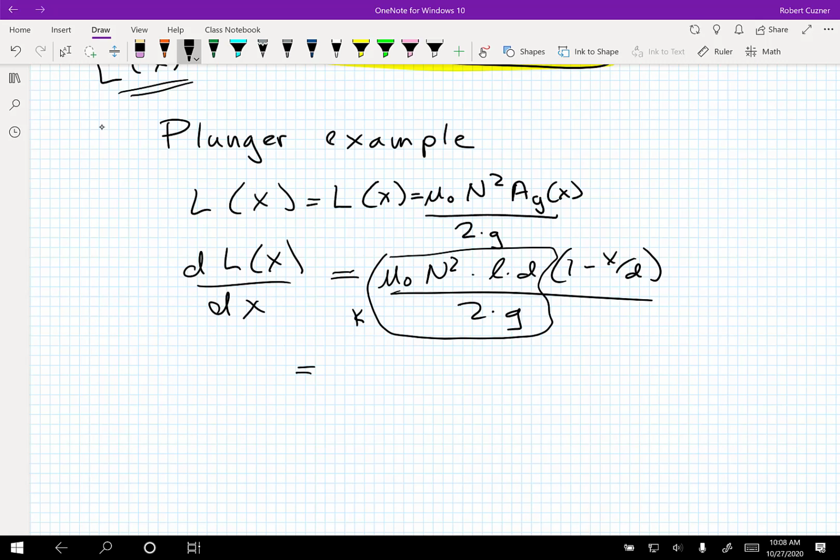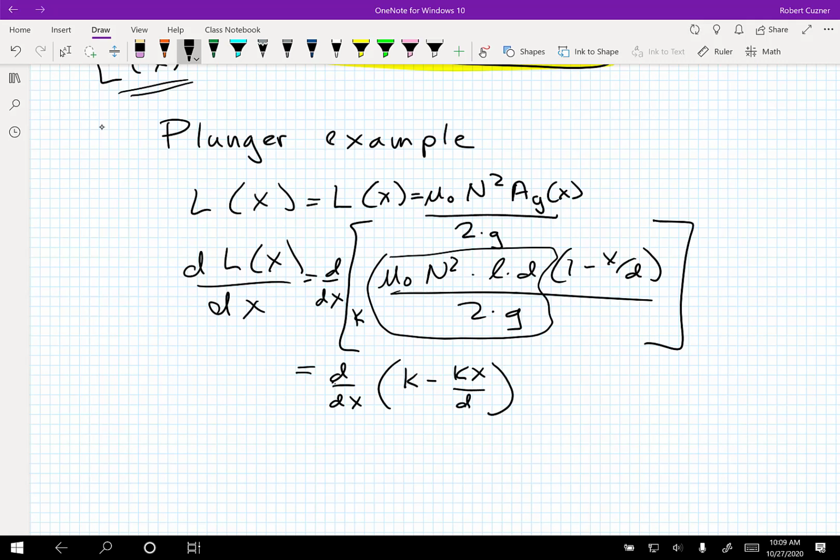So we're trying to take the derivative of this whole thing. And so that would be negative k over d. That would be the dL.